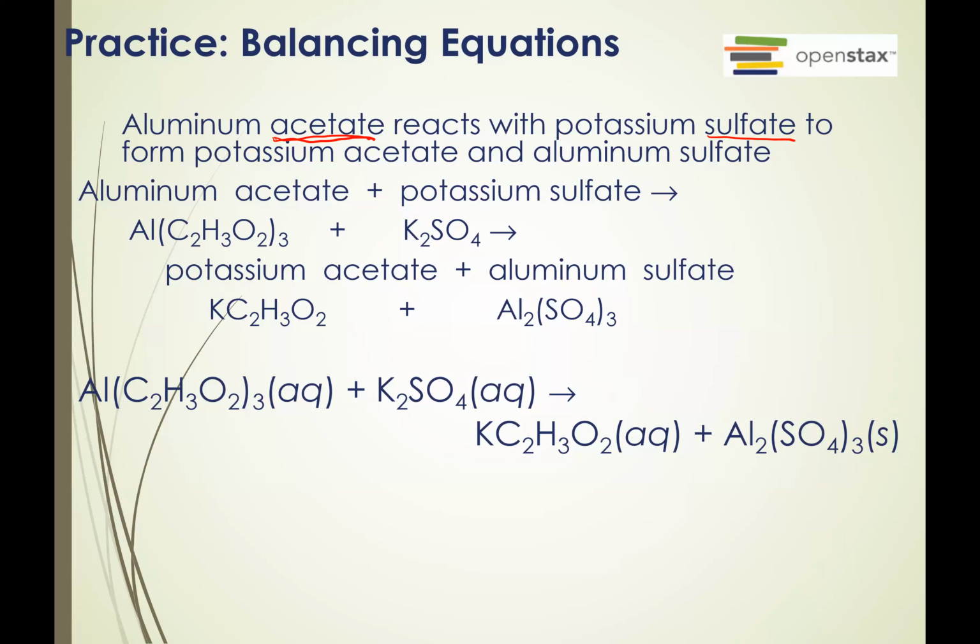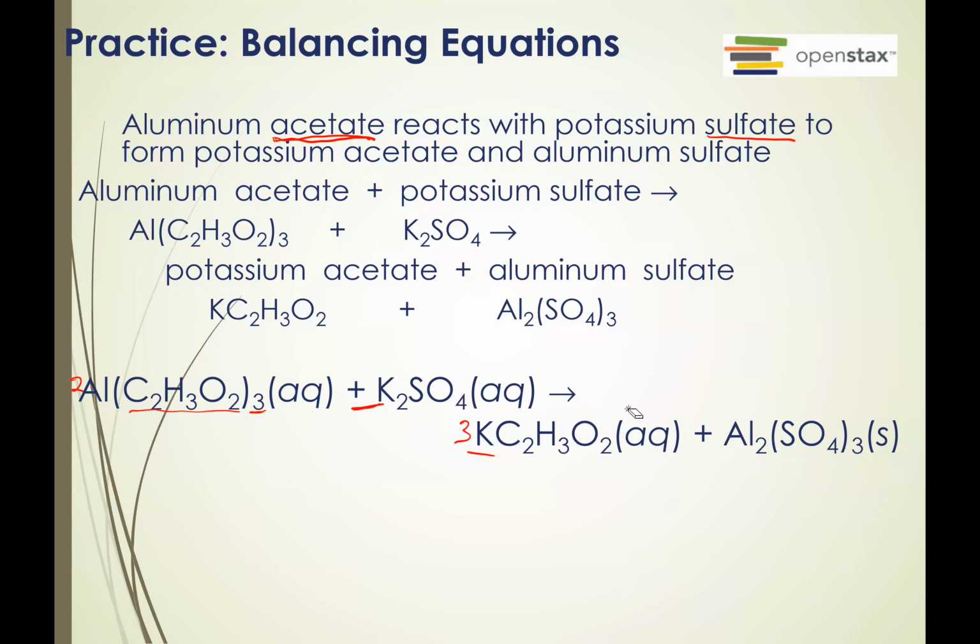We have 3 acetates in our reactants, but only 1 acetate here. So we're going to need a 3. When we look at our K's, they got messed up there. So what do we need to put in front here?